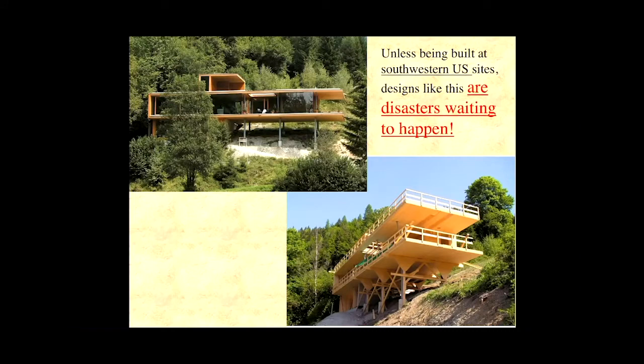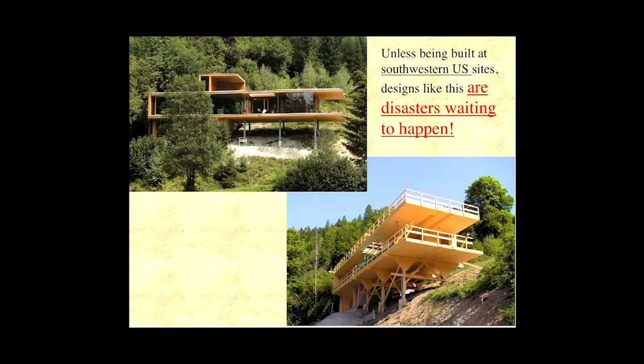The other aspect of this is don't use southwestern architectural design in a northeast environment. So don't use flat roofs, exposed wood. As I've said before, rain is going to fall up. Rain is going to fall sideways. And it does.